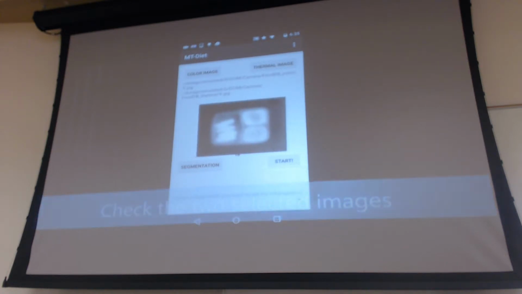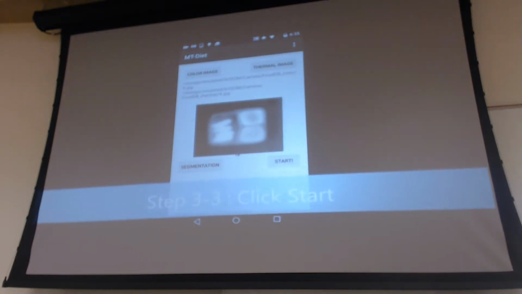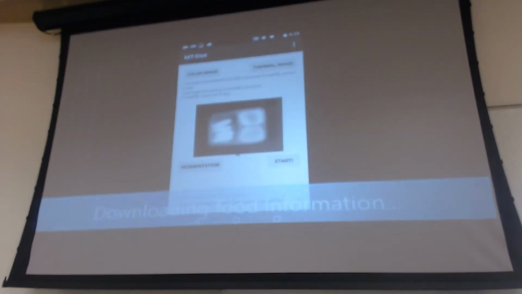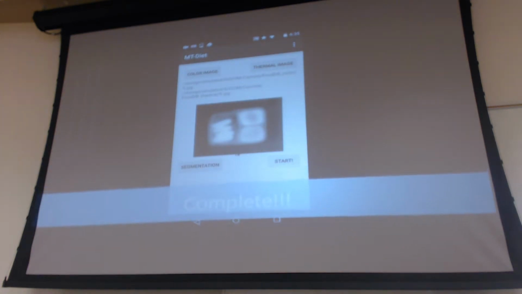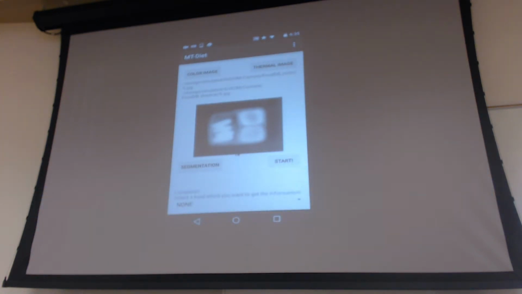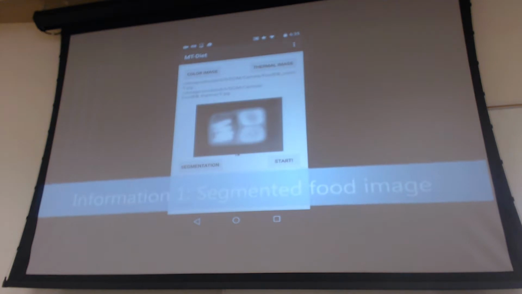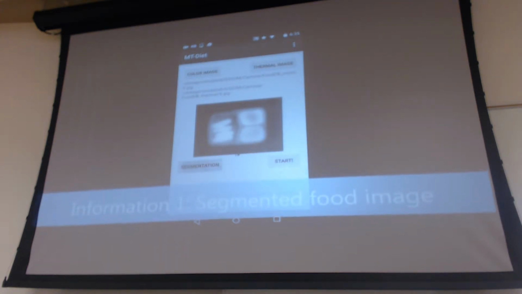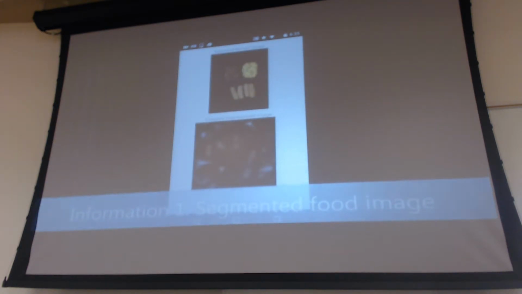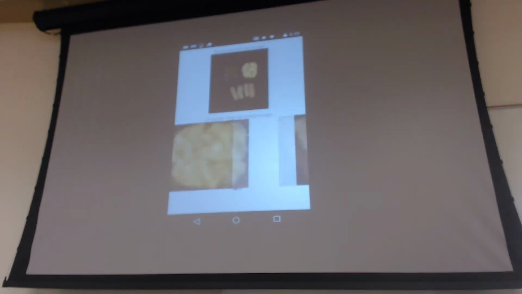And then basically you run the segmentation algorithm. So that segmentation algorithm is running in the server. So you send these pictures to the server, it runs the segmentation algorithm, and then after that you get the segments. So this is the chocolate pudding segmented. Very minimal portion of plate is there.